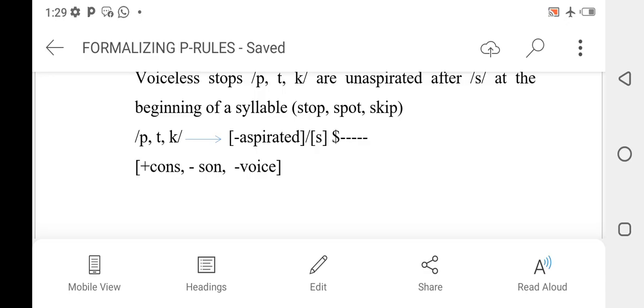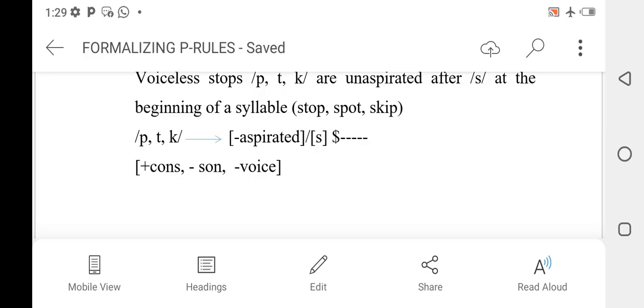But a fricative has little obstruction before the free flow of air. So it is not a sonorant, so it is minus sonorant. That is the feature of the sound that should come before the voiceless plosive to make it unaspirated.